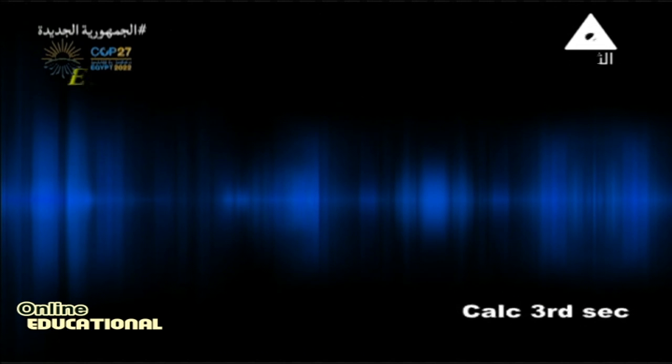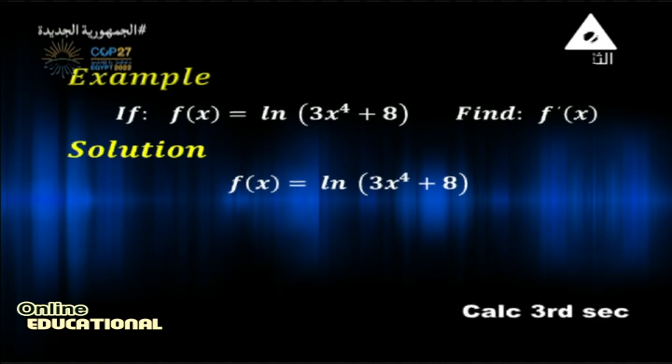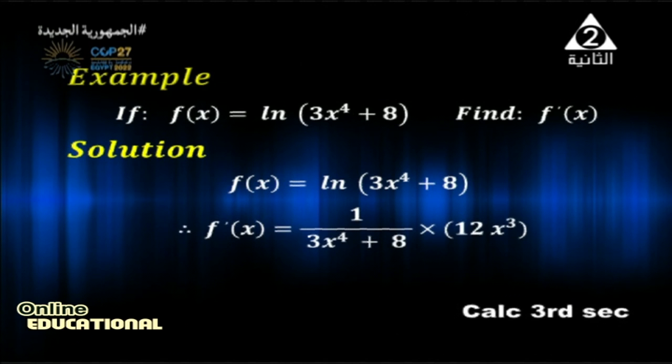Another example. If the function f of x equals ln 3x power 4 plus 8, find f dash x. F of x equals ln between two brackets 3x power 4 plus 8, then f dash x equals 1 over 3x power 4 plus 8 multiply the derivative of 3x power 4 plus 8, which equals 12x power 3.